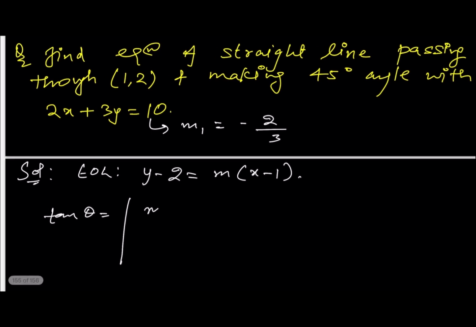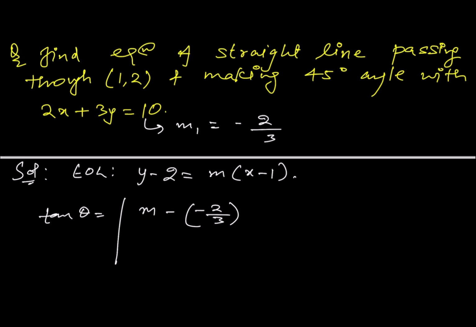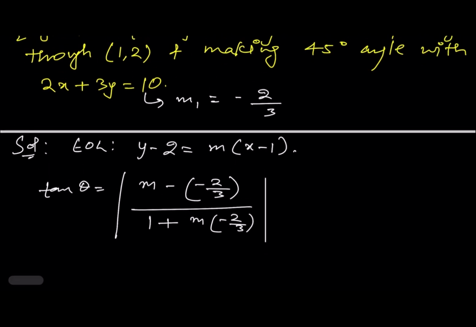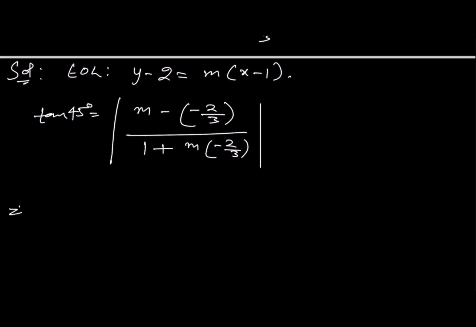So mod of (m − (−2/3)) upon (1 + m·(−2/3)), and tan theta is tan 45, and tan 45 is 1, and in RHS after removing mod it will become ±1, and in LHS this will be (3m + 2)/(3 − 2m).